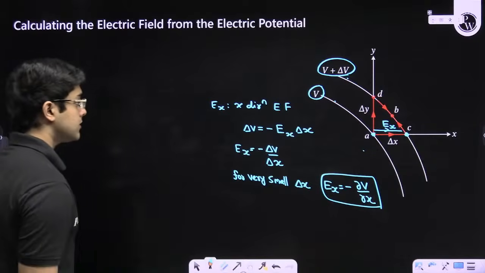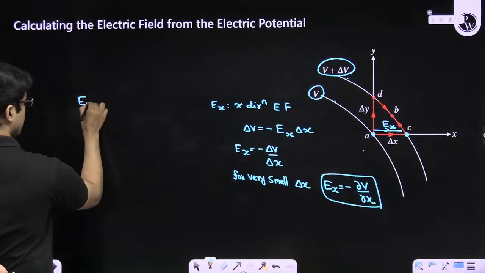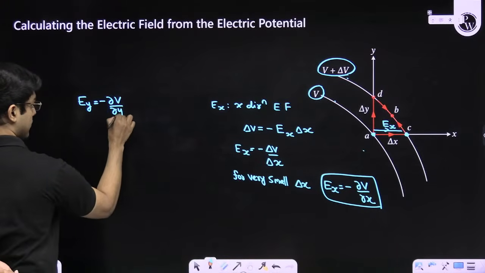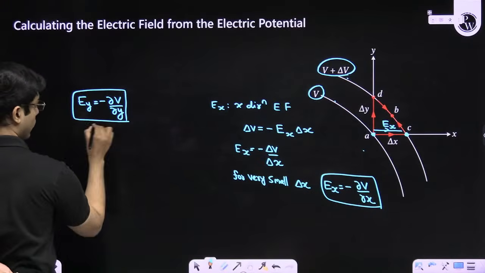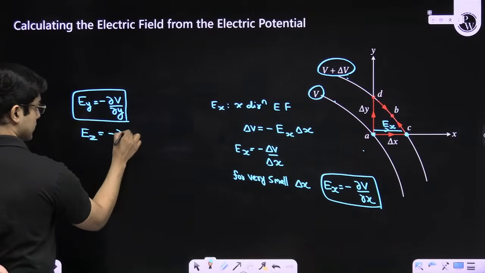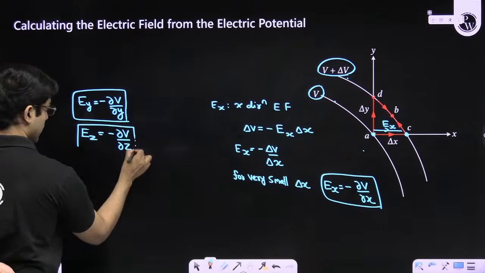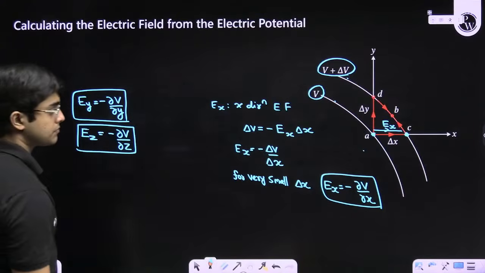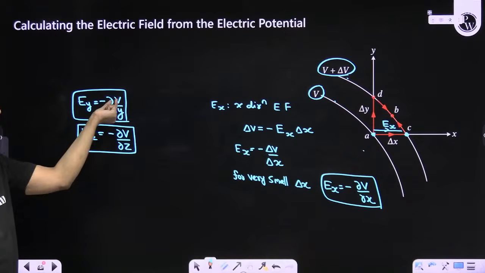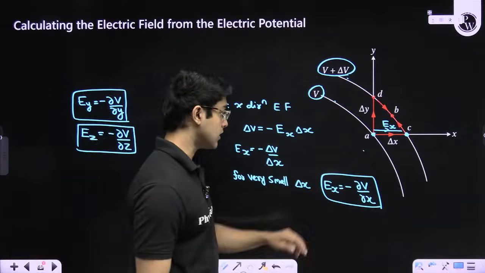And similarly, if you do it for the path including delta y, you will get Ey as minus partial derivative of V with respect to y. And here we don't have z, but in case z was also there, Ez will be minus partial derivative of V with respect to z. So in total, if potential function is given to you and you want to find the electric field, then you will have to use these relations.